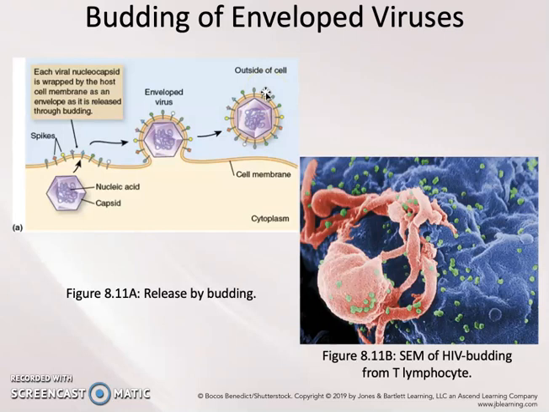The host cell membrane in this case would also contain viral proteins known as spikes to allow the viral particles to then infect the next host cell.